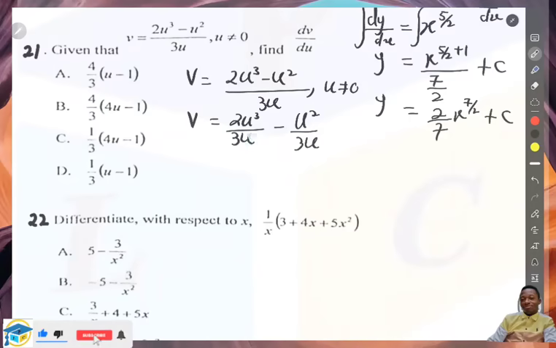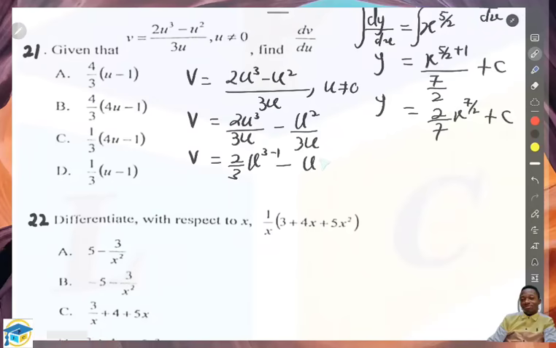The law says that when I'm dividing and I have equal bases, I subtract the denominator exponent from the numerator exponent. So what are we getting? We have v equal to 2 over 3, and that gives me u to the power of 3 minus 1. Remember, the exponent of u at the denominator is 1, so when I subtract that, this is what I'm getting.